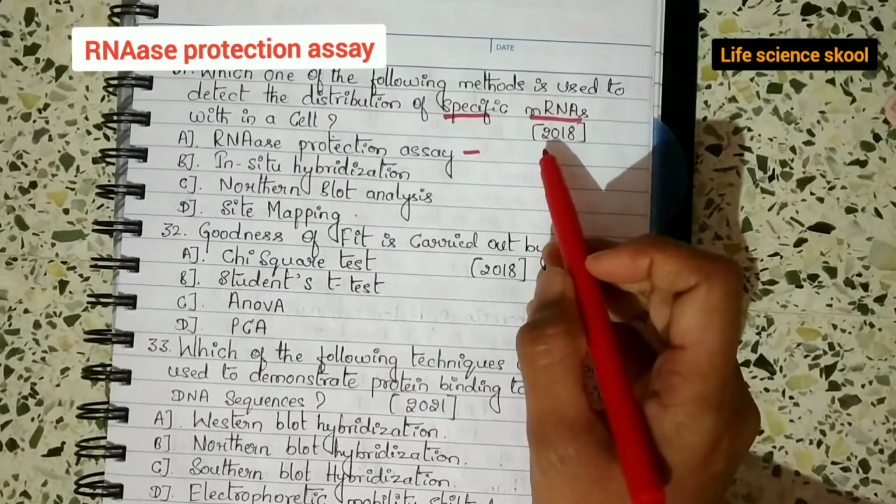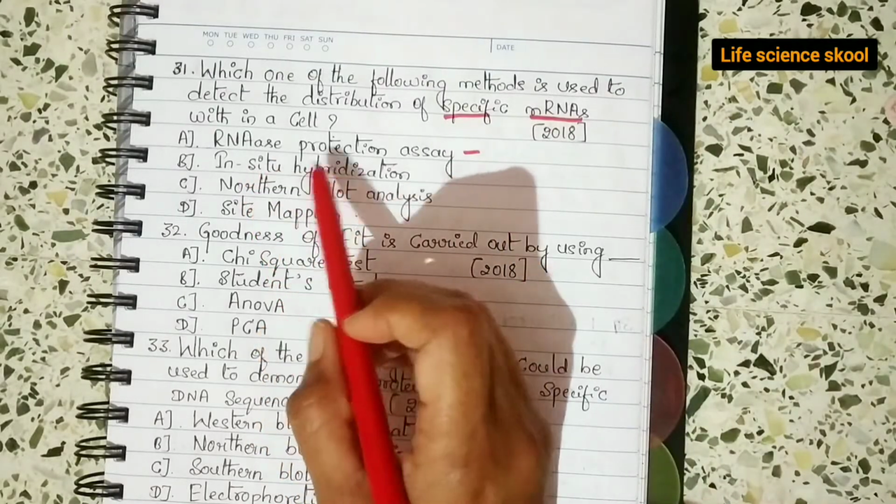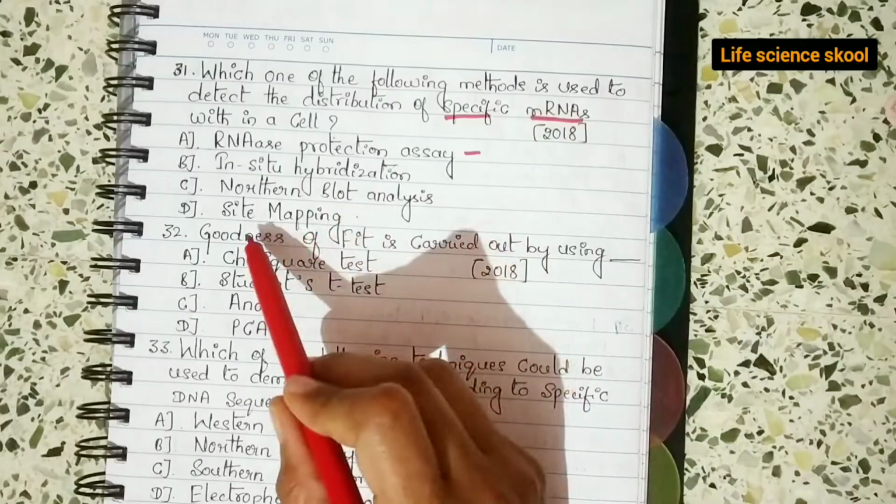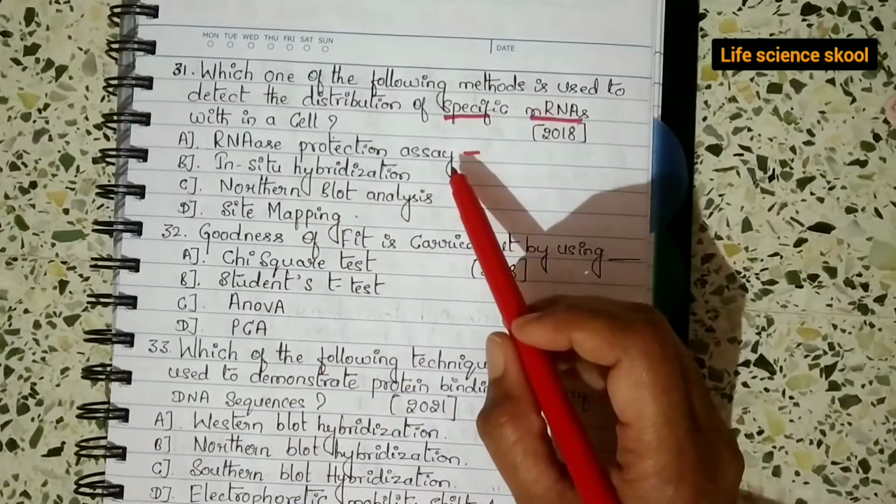So option B, that is in situ hybridization. Option C, northern blot analysis. Option D, site mapping. Coming to option B, in situ hybridization.